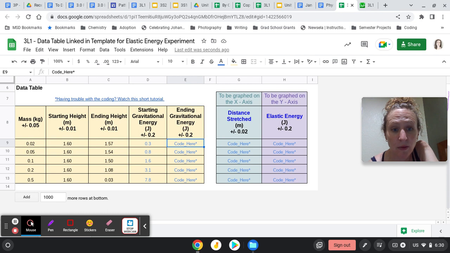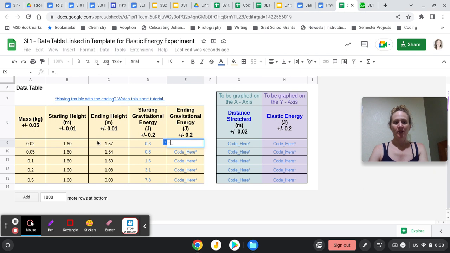I'm going to do the same thing over here with ending gravitational energy. I start all codes with an equal sign. So I want mass, I'll select it, times the strength of gravity, 9.8, times, so shift 8 is my times, the ending height.